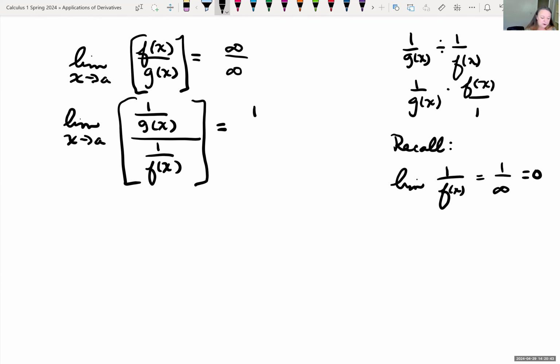So this would be 1 over infinity divided by 1 over infinity, which is 0 over 0, which means that I can use L'Hopital's rule. So if we get in that form, infinity over infinity, we can use this rule too. I just showed why. So let's look at an example of that.